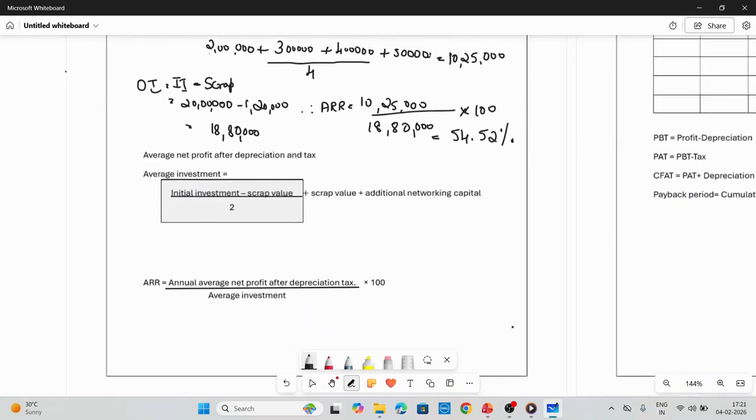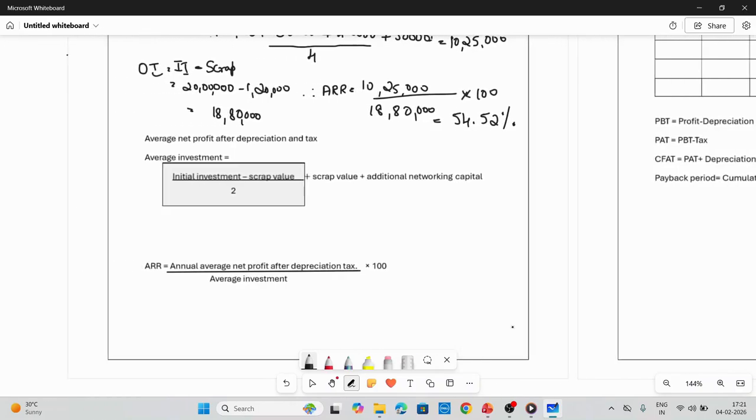Now let's go with the average net profit after depreciation and tax. Let's calculate average investment. It's initial investment minus scrap value divided by 2 plus scrap value plus additional net working capital. If additional net working capital is not mentioned in the problem, leave it. What's the initial investment?